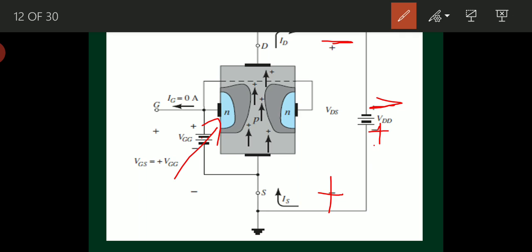This positive terminal makes this N-type gate more reverse biased, and this negative terminal is also reverse biasing it. So reverse bias improves fast if I increase VGG much more.